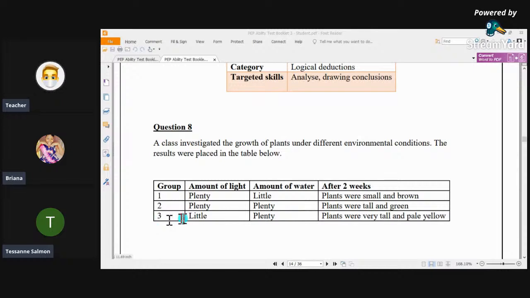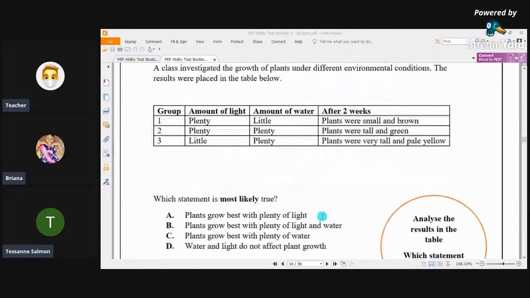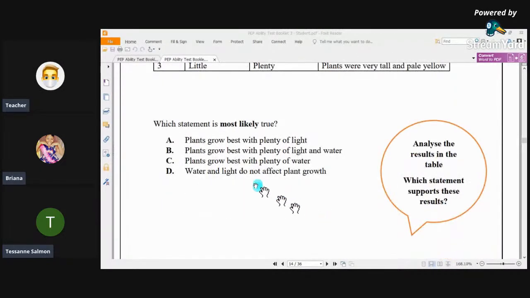Group 3 got a little bit of light and plenty of water, and the plants were very tall and pale yellow. It says, which statement is most likely true? As a tip, analyze the results in the table. Which statement supports these results?